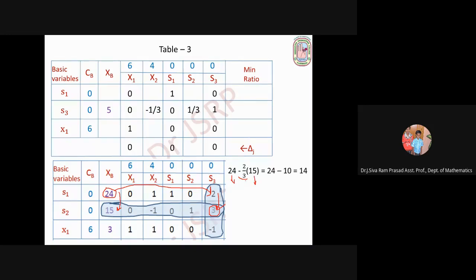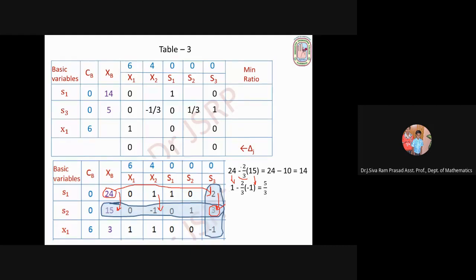Simplify this: 3 5s, 5 into 2, 10. 24 minus 10, that is 14. So here 14. For this row calculation, you just replace the present value here and the pivot row element here. To calculate the x2 column value, just replace 1 and minus 1 here.